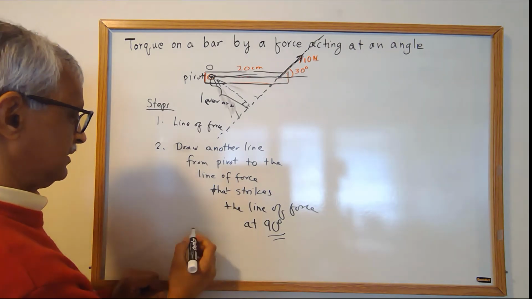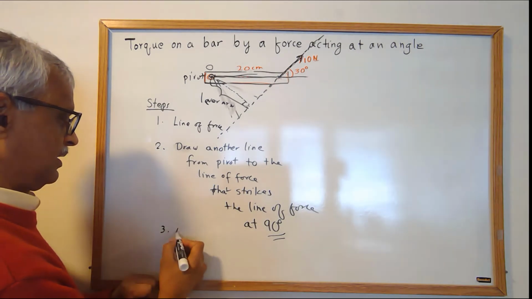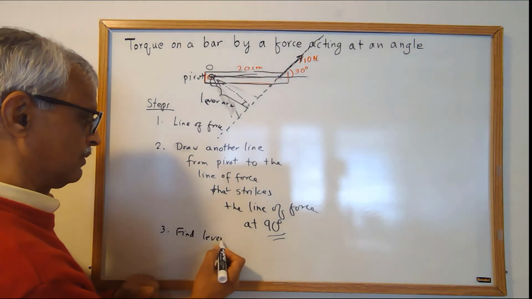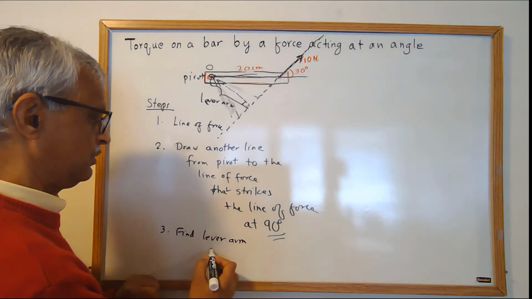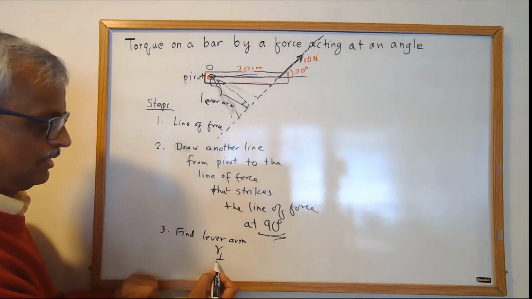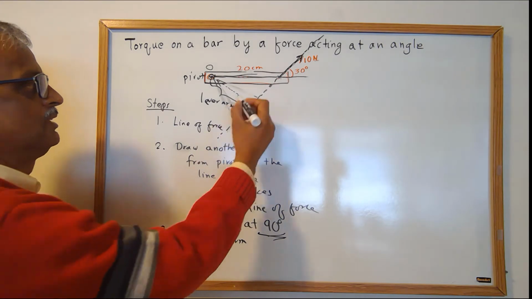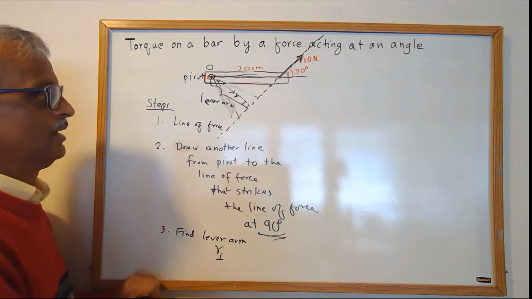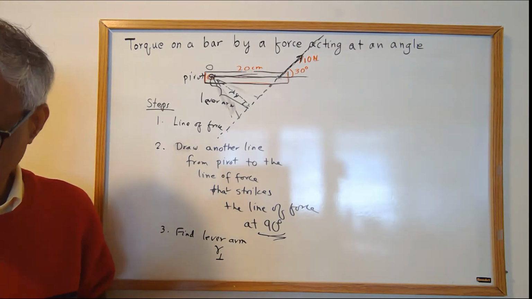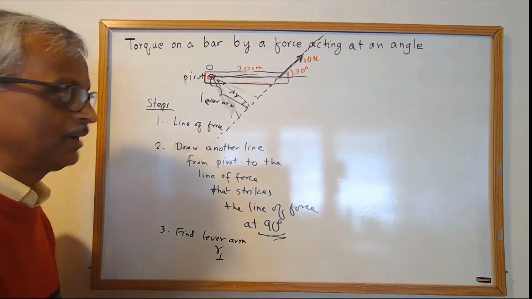So the third step is to find the lever arm, which I denote with a perp, just to remind myself this is 90 degrees. So this is r perp. Usually you're going to find a triangle. This is sometimes difficult for students learning it the first time.